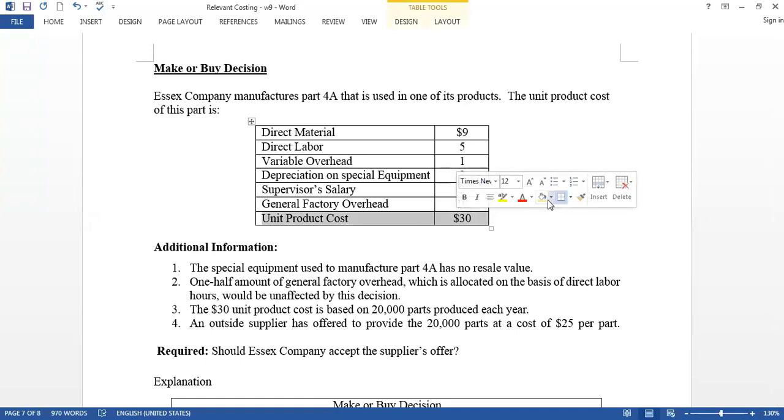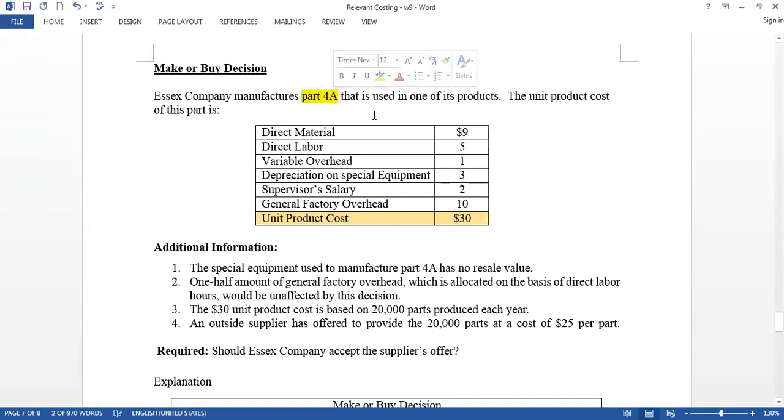If you produce the product, your unit cost is $30. SS company manufactured part 4A. This is the product they're producing currently. Making means you produce the product. Or you have another option, no need to produce the product, buy the product.